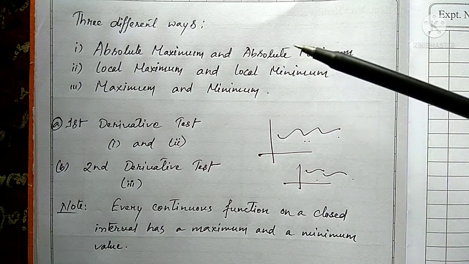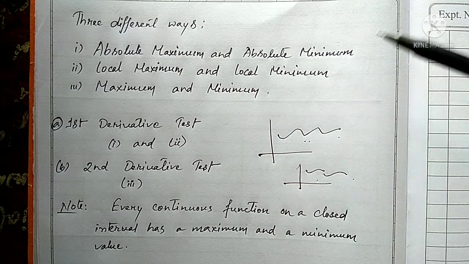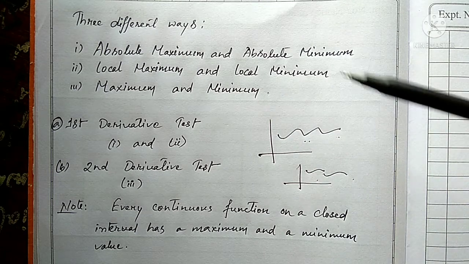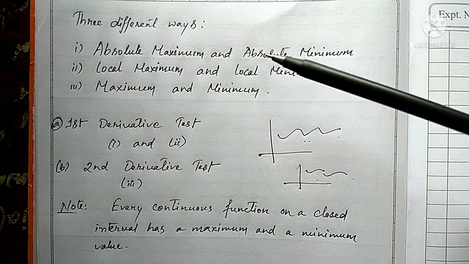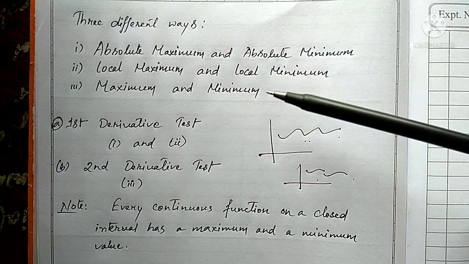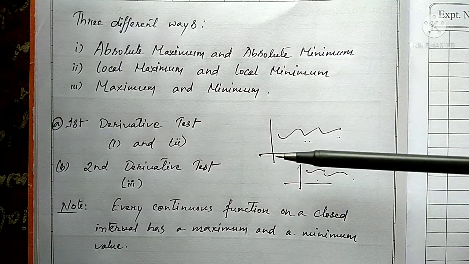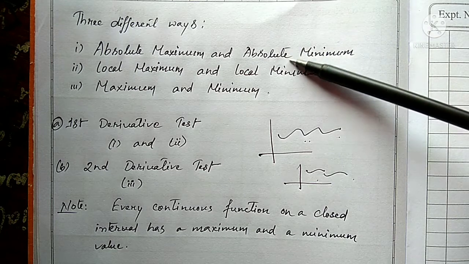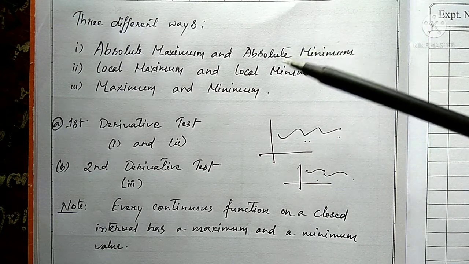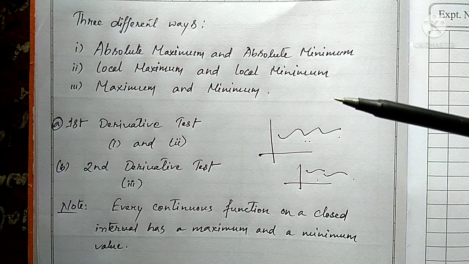We will solve maxima and minima through these three methods. In our next class we will discuss the first one, and if possible we will complete the second one also. We will try to complete the second, but in the next class we will start with the first.